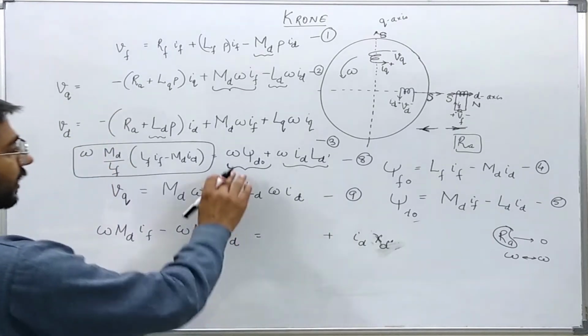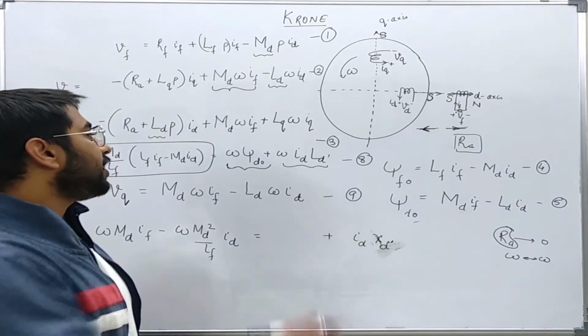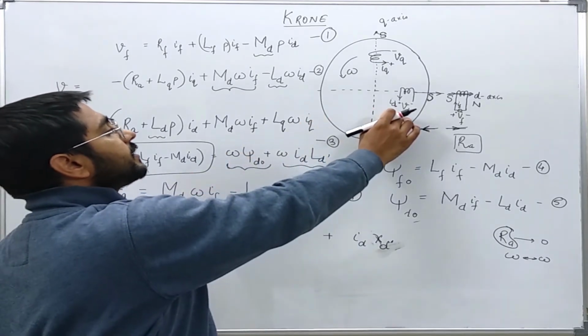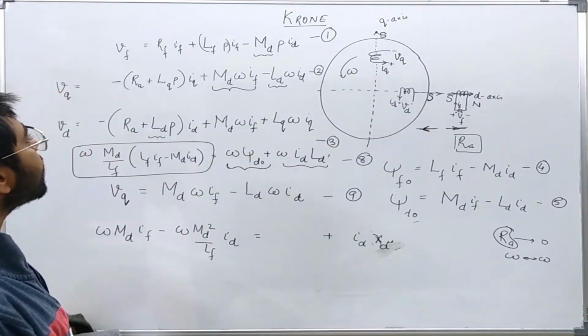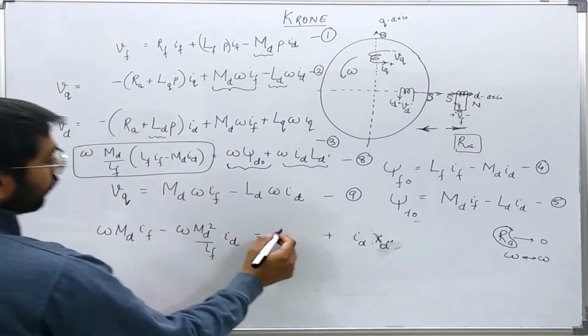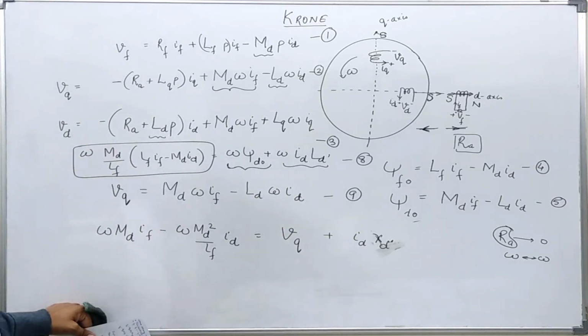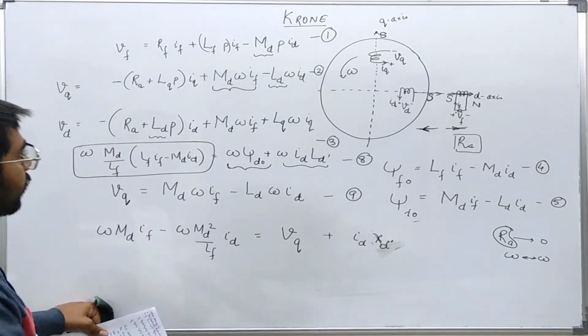What is this? This is the voltage which was initially in the d axis, omega into psi D naught, which is just VQ only. You can see here directly.